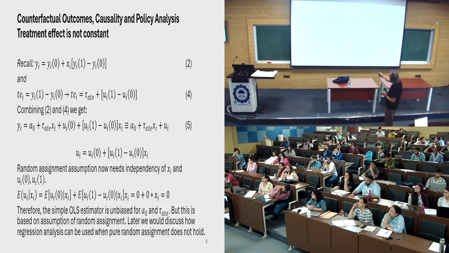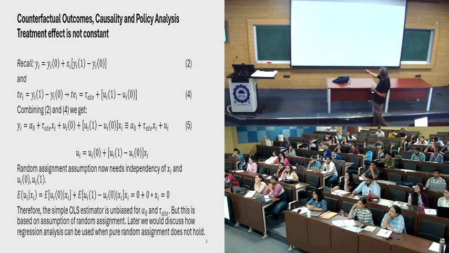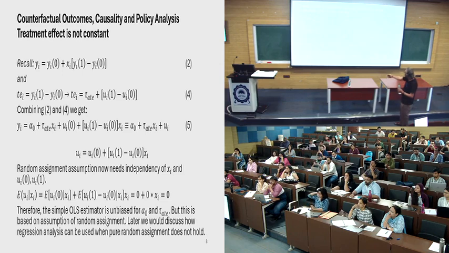What does the random assignment do? Note, if I take the expectation, that would be the expectation of this term conditional on x_i, plus the expectation of this entire term times x_i. Now, the expectation of this is equal to 0, and the expectation of this entire thing is 0. So then I get 0.